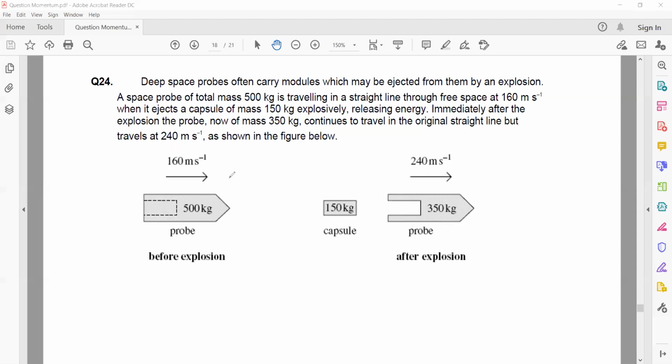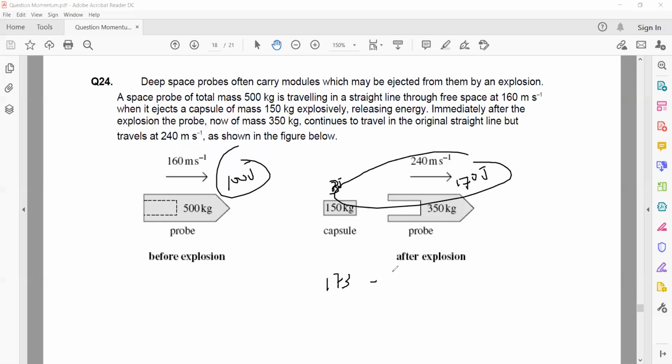For example, if I say this was 100 joules, this was 3 joules, this was 70 joules, so the final is 173 joules. What is the kinetic energy provided by the explosion? Originally it was 100, but now it is 173. So it will be 173 minus 100, so 73 joules of energy they get due to the explosion.